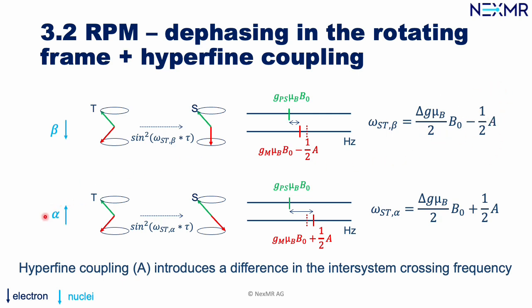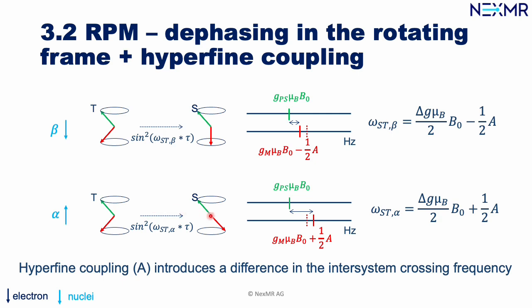When we take now an alpha spin, we introduce the hyperfine coupling constant for this alpha spin, and we have now plus 1.5. In this case, we have a higher resonance frequency for this electron, and also a higher frequency of dephasing.